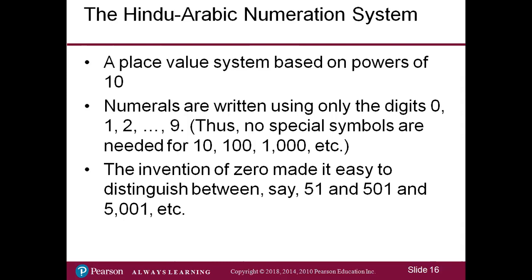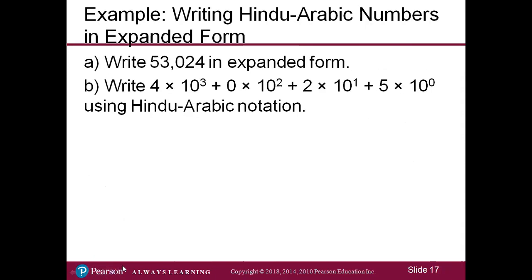Its numerals are written using only the digits 0, 1, 2, 3, 4, 5, 6, 7, 8, 9. Thus, no special symbols are needed for 10, 100, 1,000, etc. The invention of 0 made it easy to distinguish between, say, 51 and 501 and 5001, unlike the issues we had with the Babylonian system.